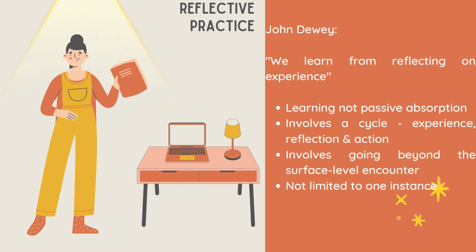Through thoughtful reflection, we uncover the meanings and implications of our experiences, so that we can identify patterns and connections, and ultimately develop a deeper understanding of ourselves and the world around us.